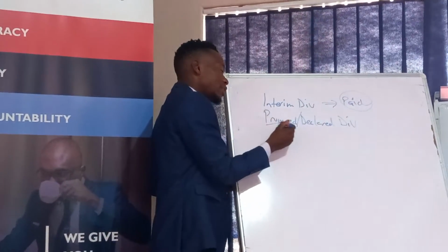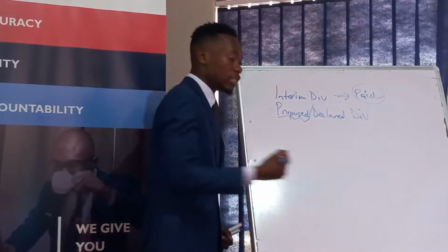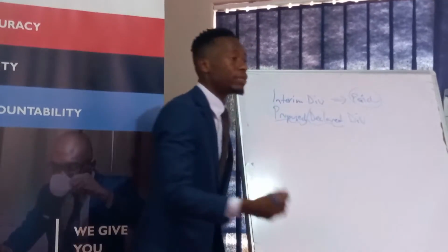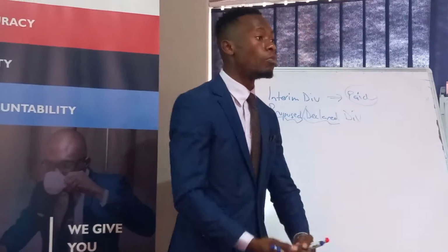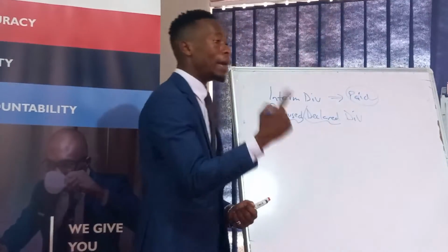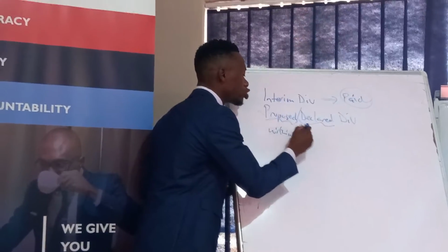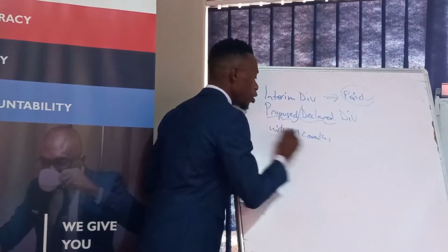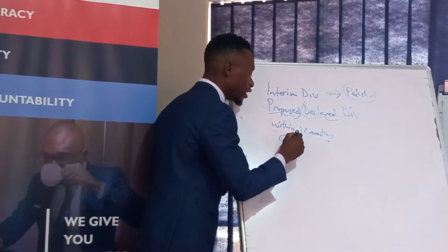But the proposed now, we have promised. If you say we have proposed dividends or we have declared dividends, it means we have made a promise that we will pay you dividends. When a company declares dividends, it means that they are saying within 12 months we will pay you dividends. It means they have a what? A current what?